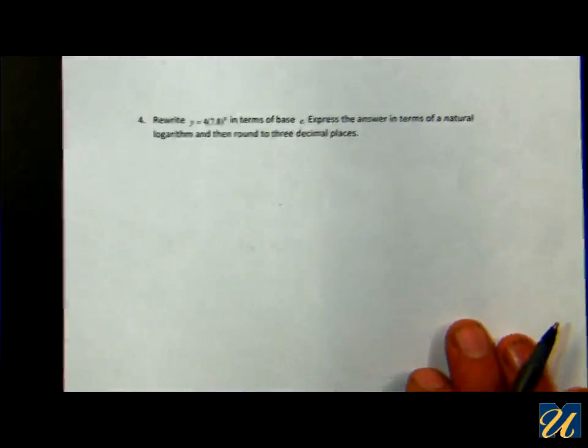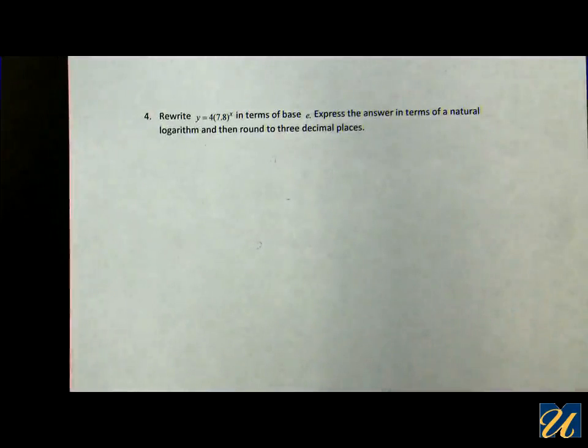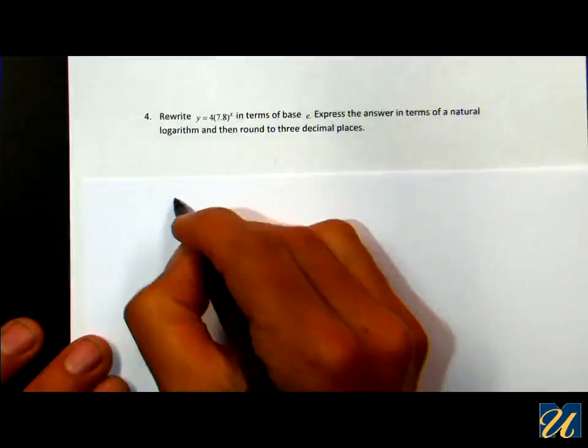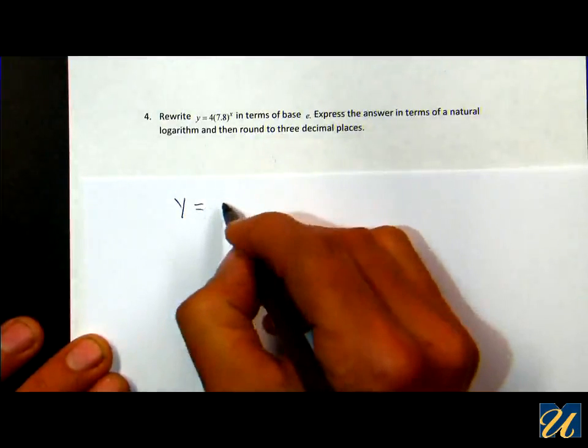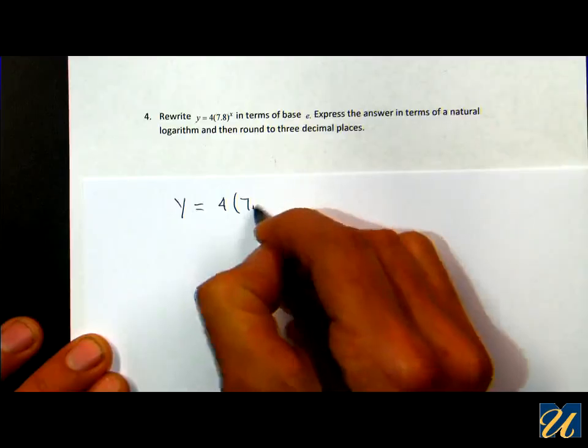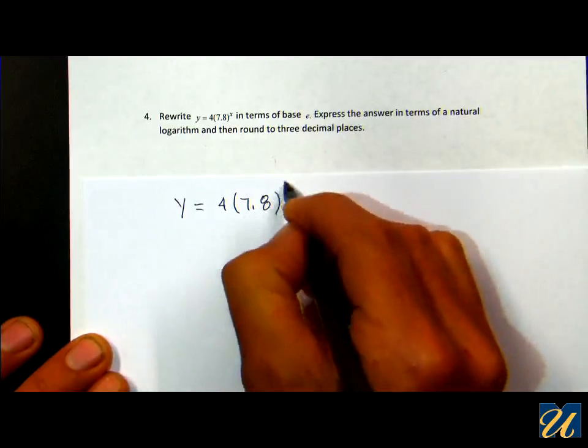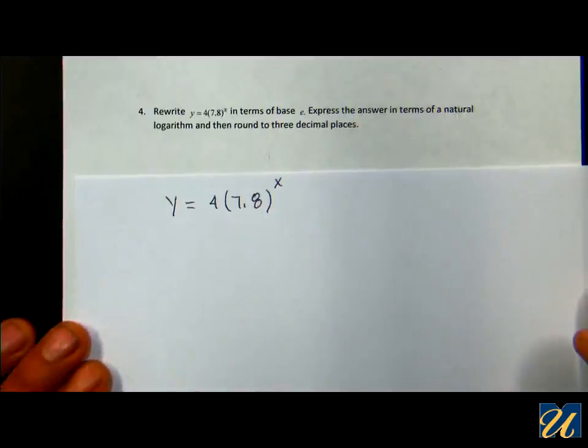Let's go on to the last question here, number 4. This is different, and this is asking to rewrite the function 4 times 7.8 to the x. There's an exponential model.